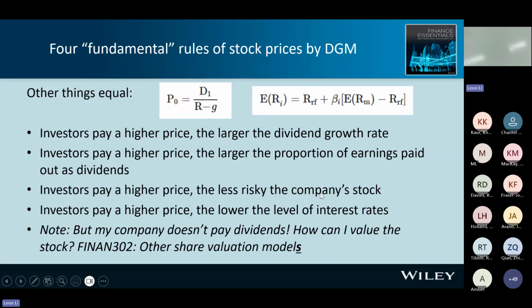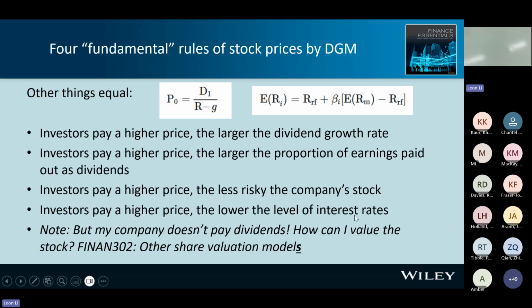Less risky the company stock, the higher the price. So company risk is beta. Higher beta, higher required return. Higher required return, lower share price. All right, this is the third rule. 4, lower level of interest rate, higher share price.